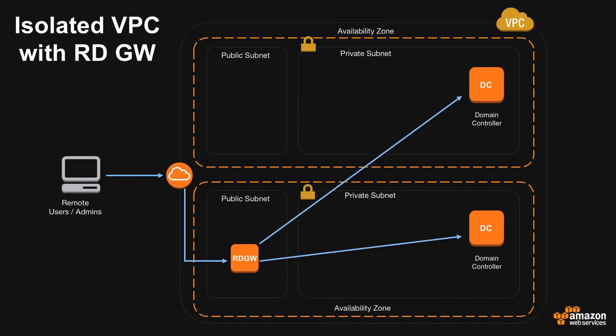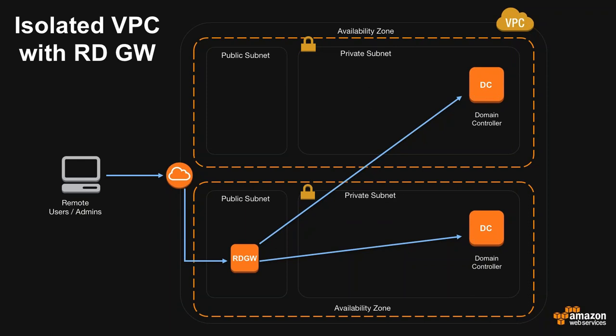You'll notice here there's 2 availability zones and 2 domain controllers, but there is only 1 remote desktop gateway. So you could imagine a scenario where, for example, you may want to do some maintenance on this remote desktop gateway. If that was the case in this architecture, there would be a problem. You would need to schedule that downtime because your customers would lose access to the domain controllers.